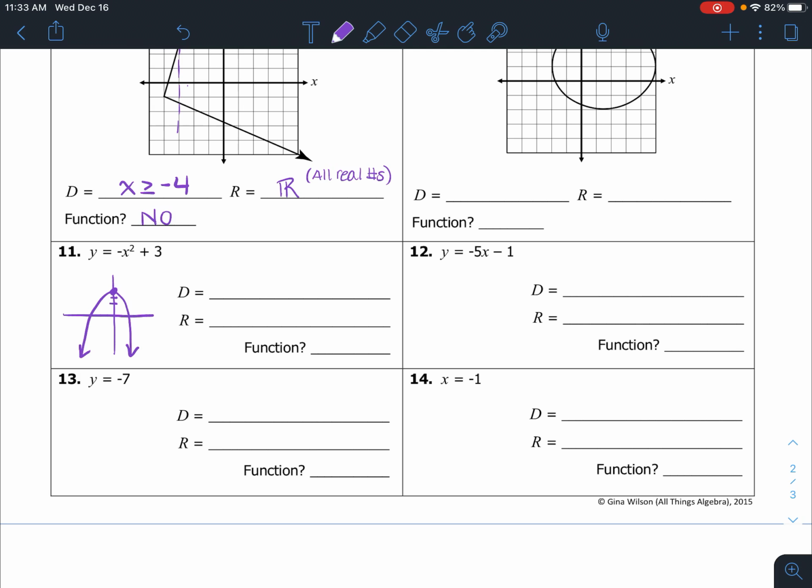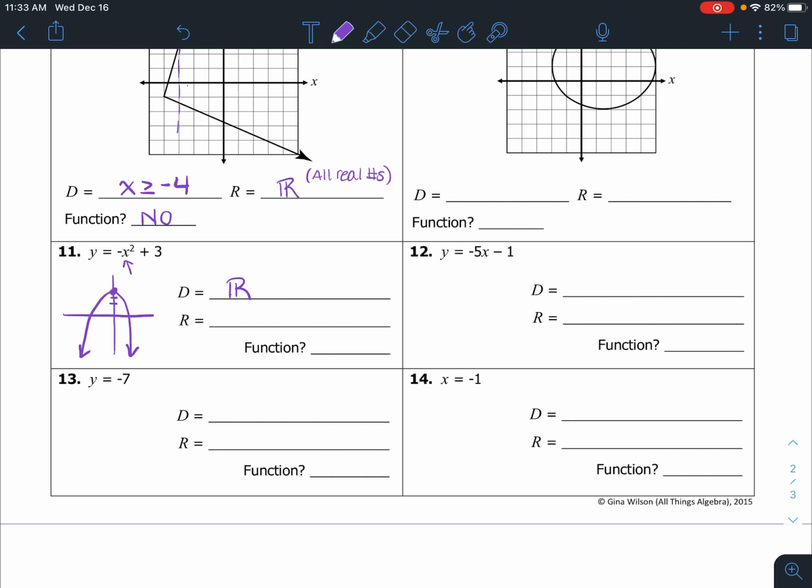So those arrows mean that it continues forever. Okay. Now, the domain, the x values, is going to be all real numbers for this function here, because I can plug in any x value into there and I will get a y value. I can plug in 1,000,000 and I'll get out a number. I can plug in -2,000 and I'll get out a number.